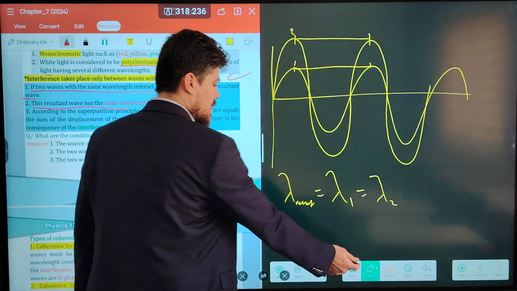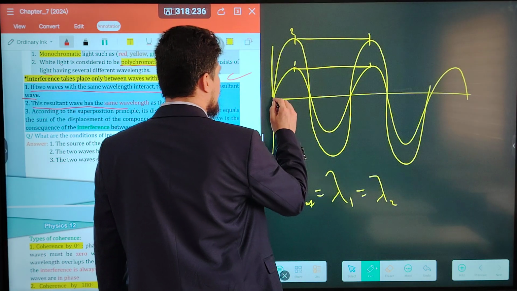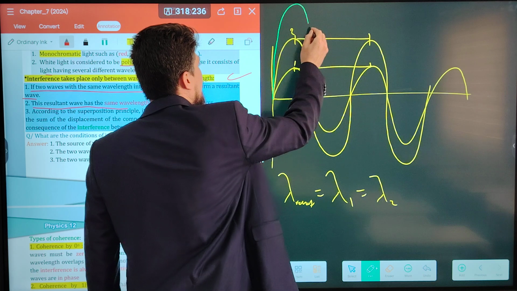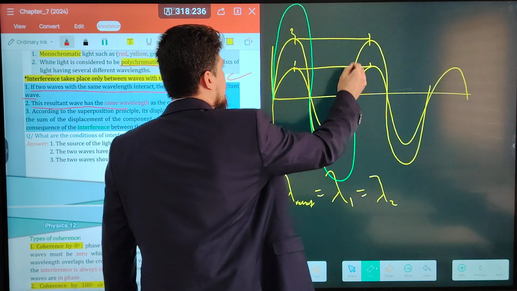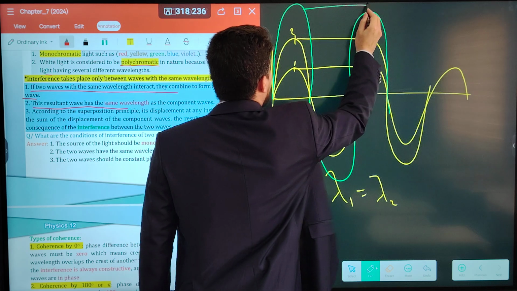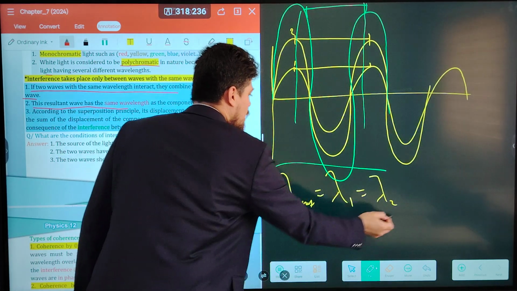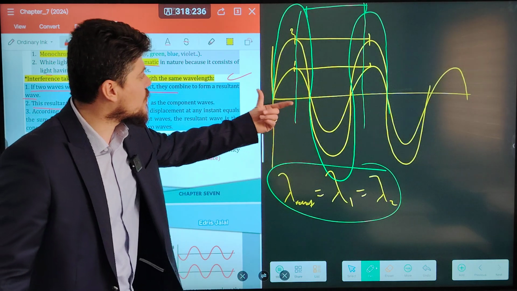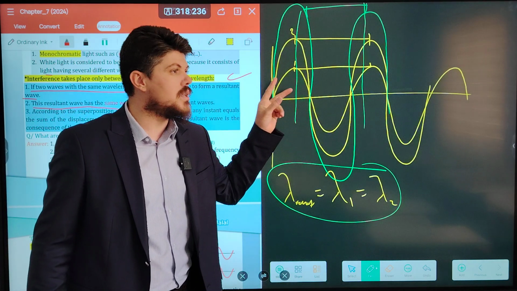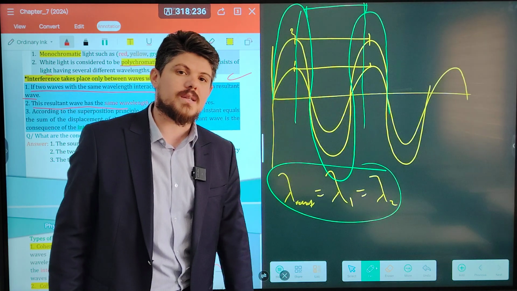Assume the green one is the resultant wave, and we have to add them together. The resultant wavelength still is the same: the result of the interference of the two individual waves has the same wavelength.